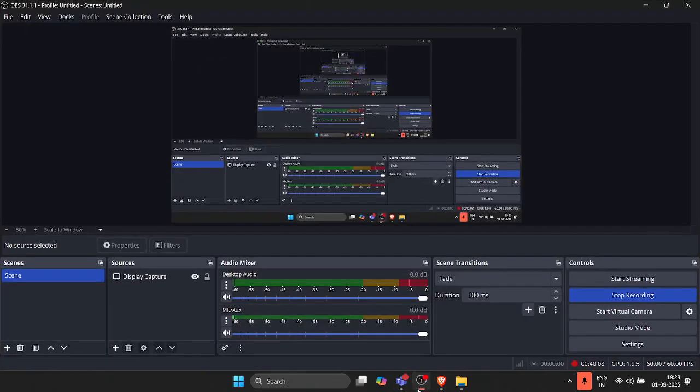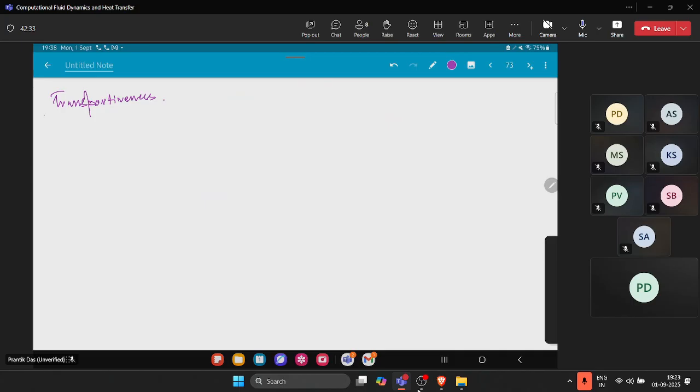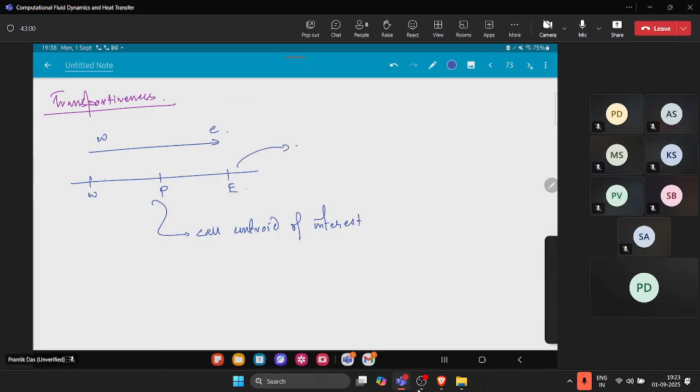Transportiveness is basically when the flow is happening from west to east, with your capital W, capital P and capital E. So P is basically my cell of interest, E is basically my east cell, and W is basically the west cell.